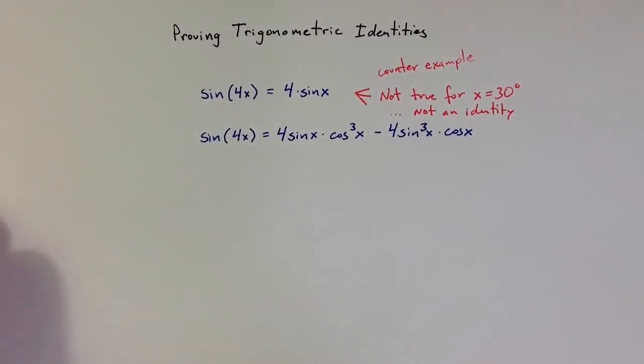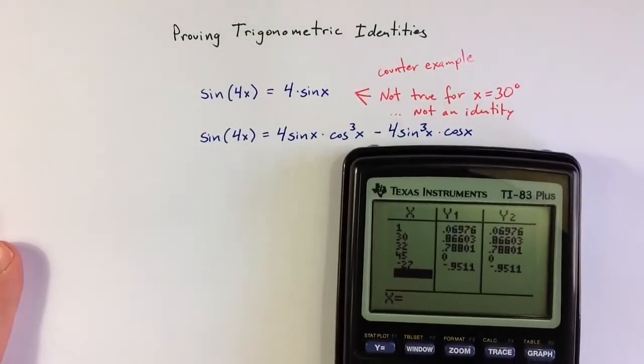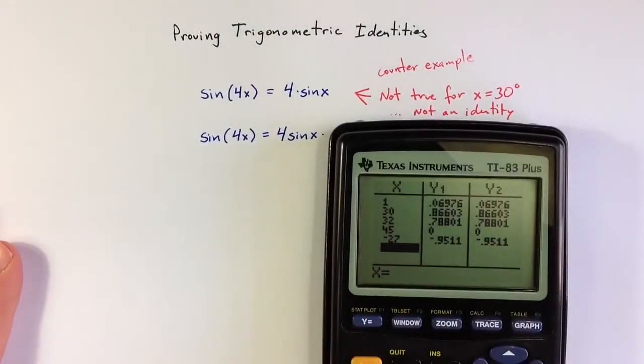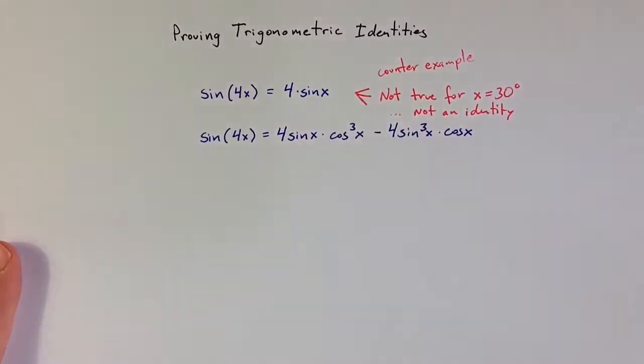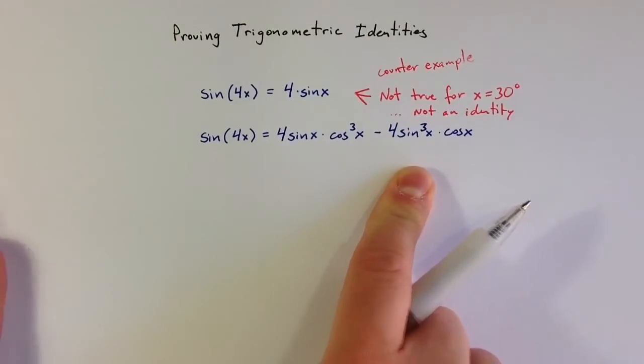Unfortunately, that doesn't prove that the identity is an identity, because we tested the expressions at 5 different values, which is a pretty good start, I guess, but there are an infinite number of angle measures that we could plug into this formula, and we want it to be true for all of them.